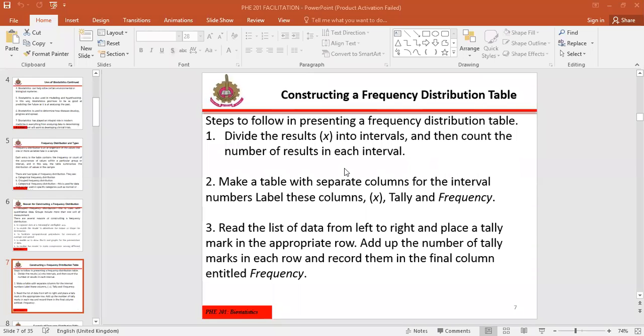Then you can go ahead and have 20 to 30, 30 to 40, 40 to 50, like that.